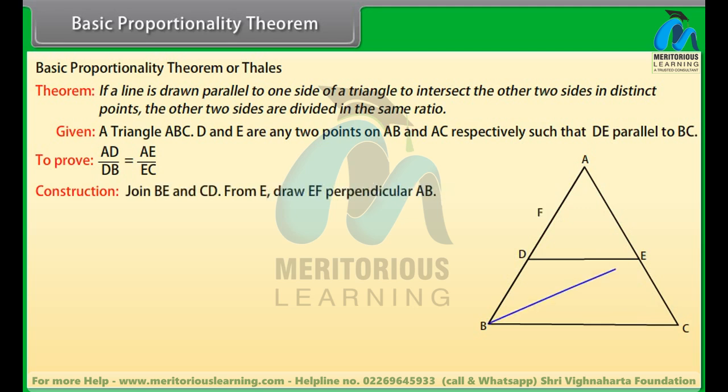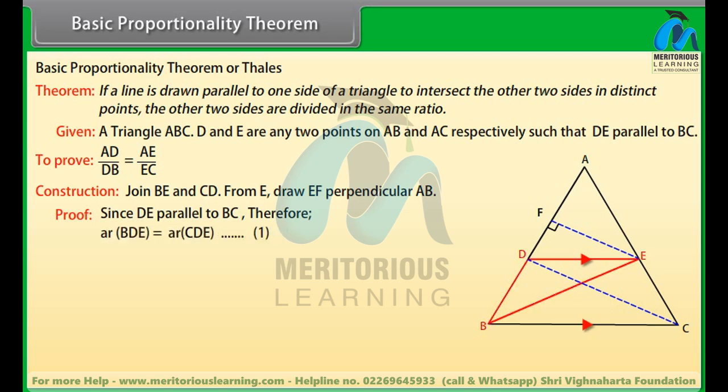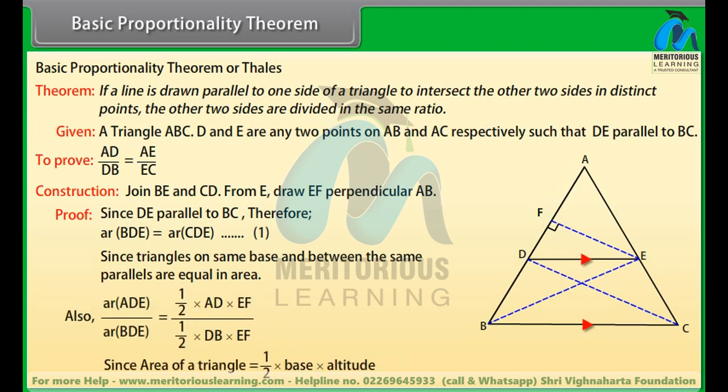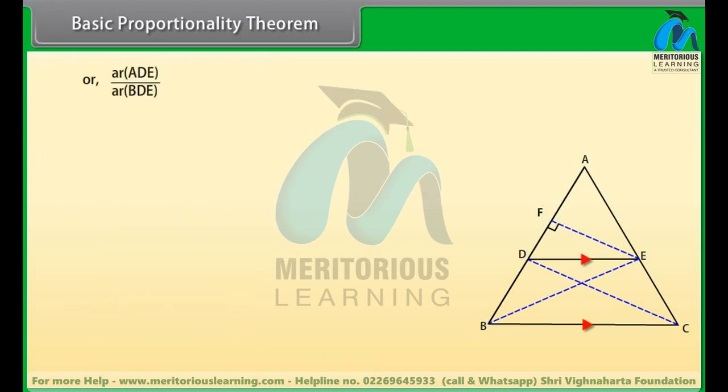Construction: join BE and CD. From E, draw EF perpendicular to AB. Proof: since DE is parallel to BC, the area of triangle BDE equals the area of triangle CDE. Mark it as 1. Since triangles on the same base and between the same parallels are equal in area, and since the area of a triangle is equal to 1 by 2 into base into altitude, area of triangle ADE upon area of triangle BDE is equal to AD upon BD.